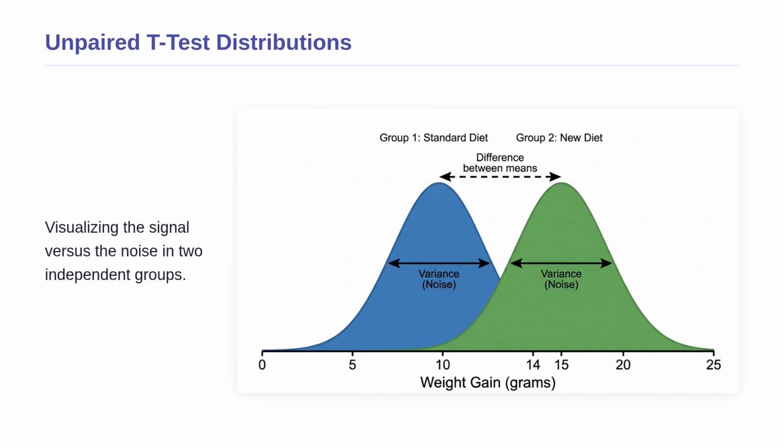The distance between the peaks is the signal, or the difference between the means. The width of the curves represents the variance, or the noise. Because the peaks are pulled far enough apart relative to how wide the curves are, our t-test confirmed that these 2 groups are genuinely different, not just overlapping by random chance.